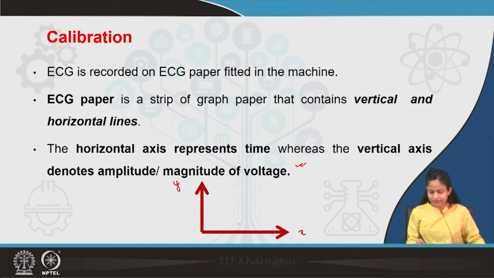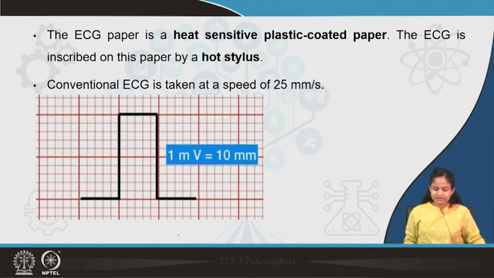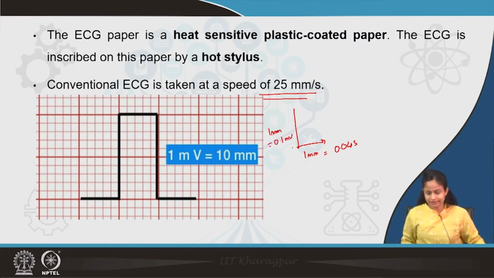The x axis denotes the time in milliseconds or seconds, and the y axis usually denotes the voltage or amplitude in millivolts. We have already seen that the ECG paper usually rolls at a speed of 25 millimeters per second, which gives, on the x axis, one small box of 1 millimeter corresponding to 0.04 seconds, and on the y axis 1 millimeter corresponding to 0.1 millivolt, as per the calibrations.